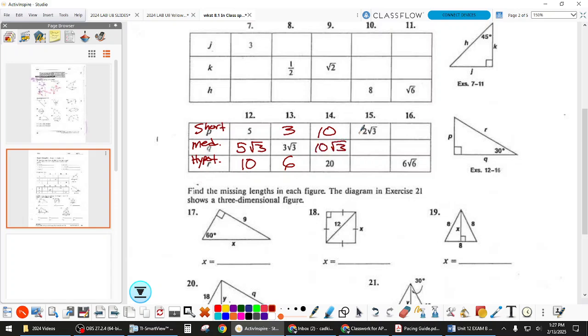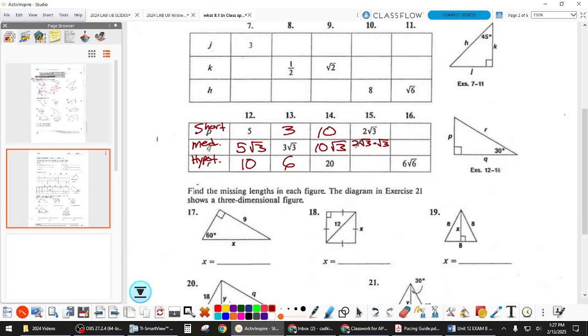Okay, back to the short side again. How do we go? I don't care which one we do first this time, but short to medium. But let's write it out. This is 2 root 3, the short side, times what? Times root 3 to get the medium side. What is root 3 times root 3? Good.